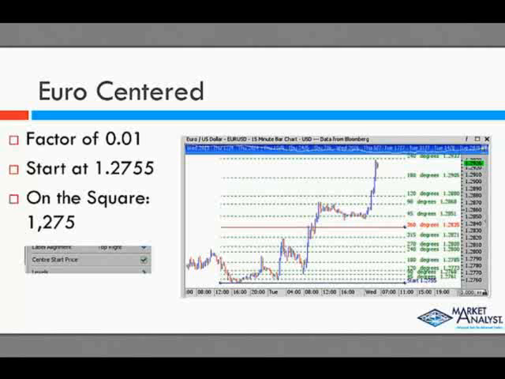Starting at the bottom, you can see the 1.2755. With that factor, 1275 is the number we want to start with on the square. And this is the property. So if anyone is actually using Market Analyst, this is the property that you need to tick to achieve that. And again, we can see what's happening.